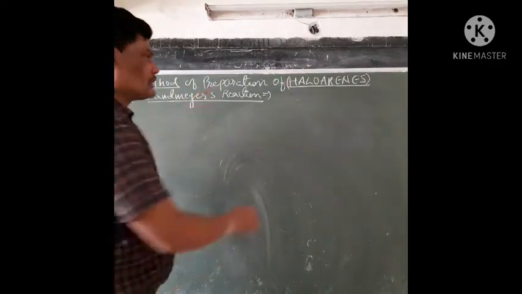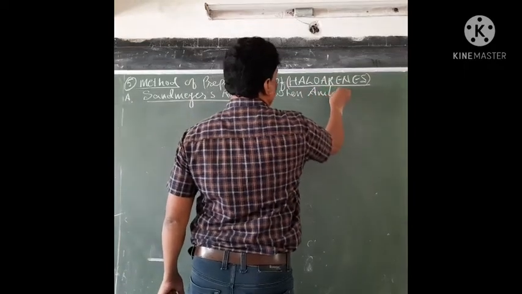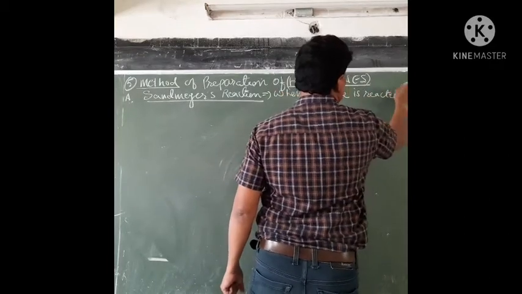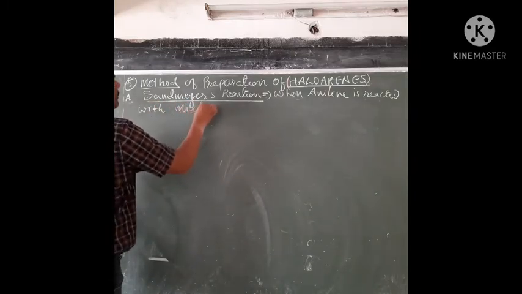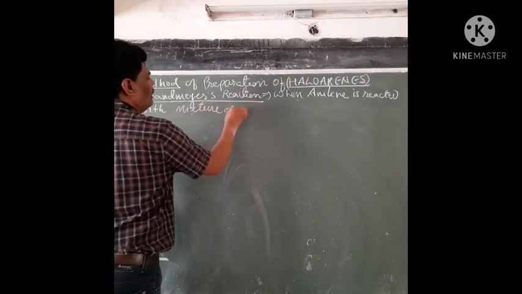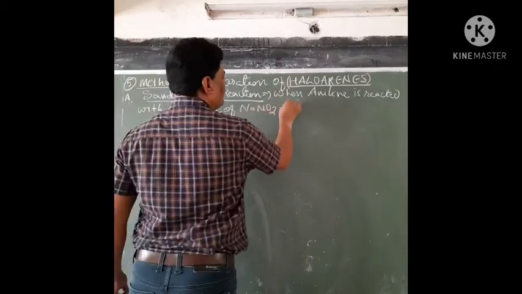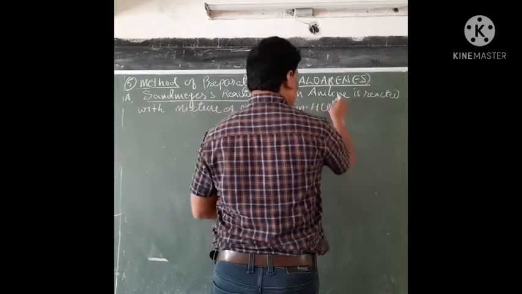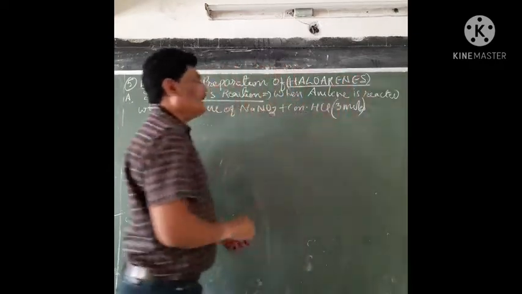What is Sandmeyer reaction? When aniline is reacted with a mixture of sodium nitrite NaNO2 and concentrated HCl. Remember, HCl should be what? Excess, approximately 3 moles of HCl.